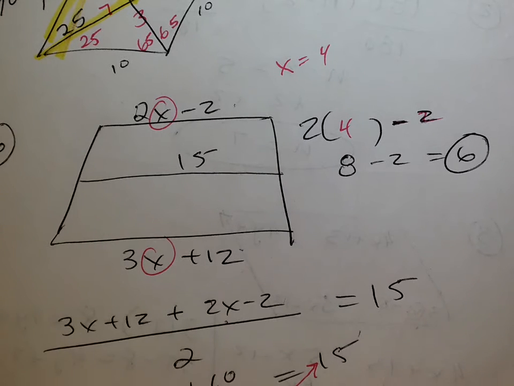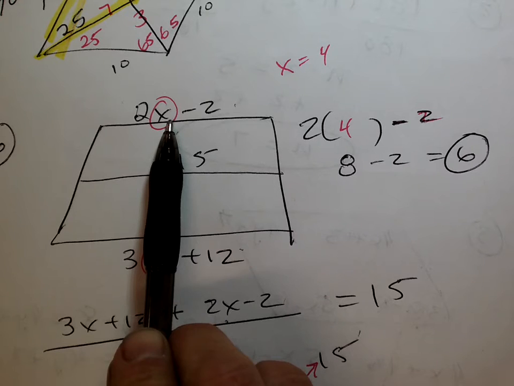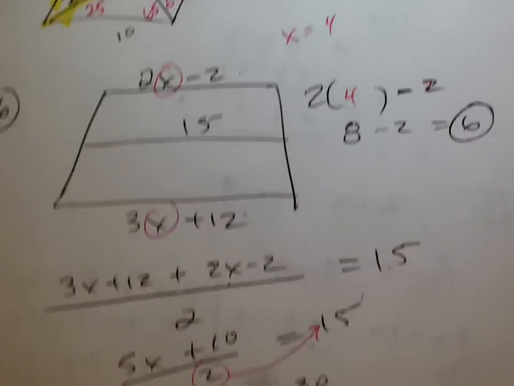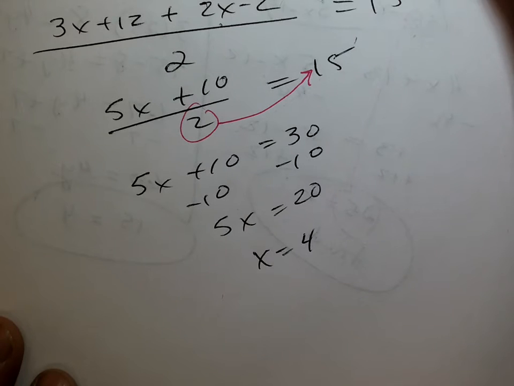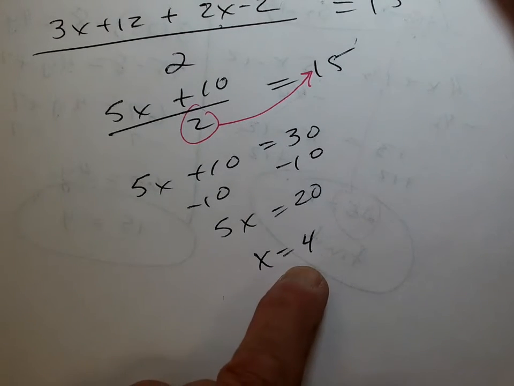Okay, can you go back a step? So I plug 4 in, right? 2 times 4 is 8. Okay, x is 4, right? How did you get 4?